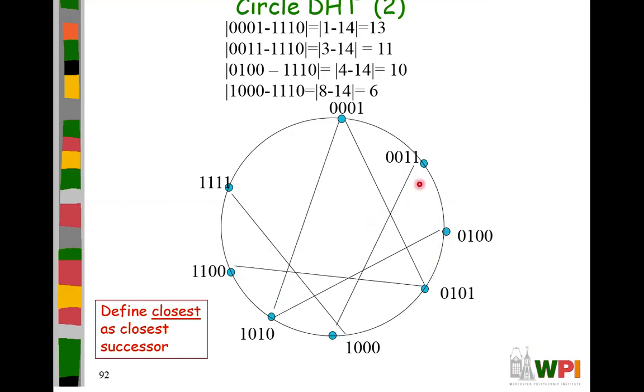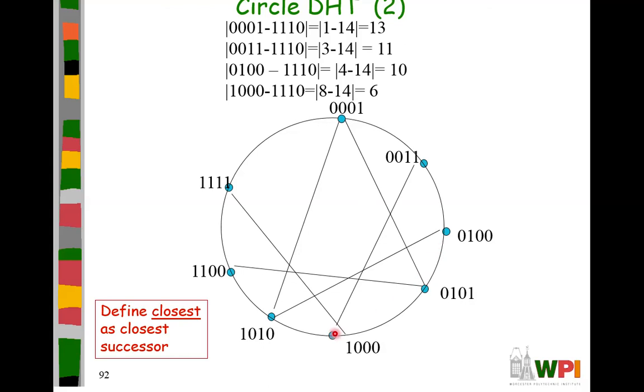Suppose each pair maintains links with its predecessor and successor, and also maintains a link with the pair which is 2 hops away. These are the immediate neighbors, and this is the second neighbor, and this one is the third neighbor.